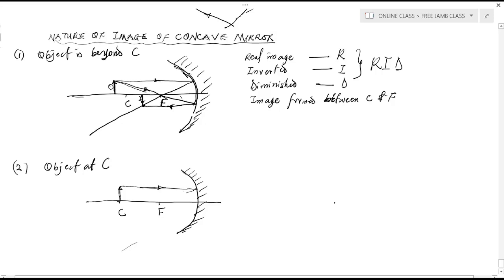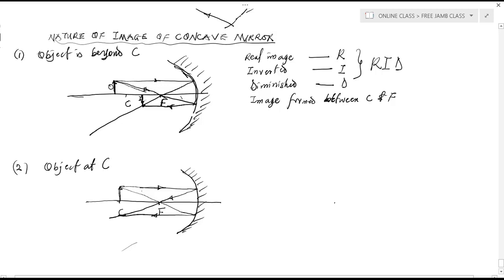Then it reflects back along the line through F. You draw again through F. It reflects back to that place.